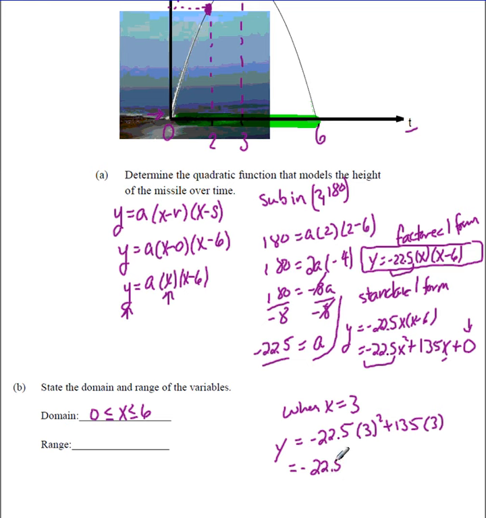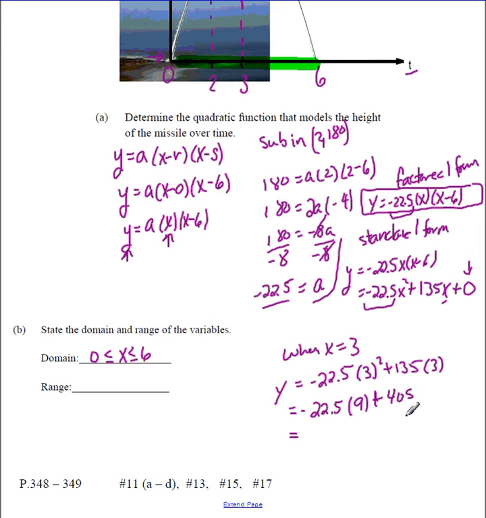Negative 22.5 times 9 plus 135 times 3. Okay, so 135 times 3 is 405. Negative 202.5 plus 405.